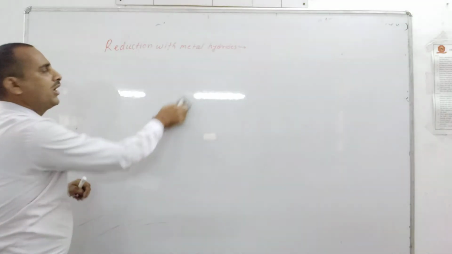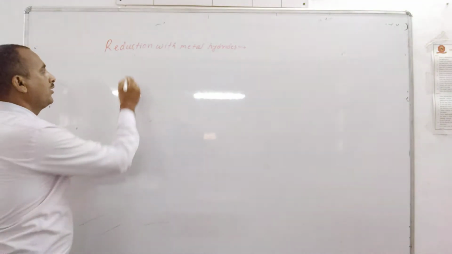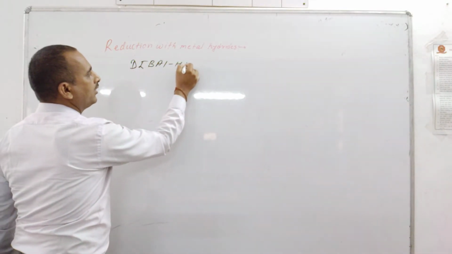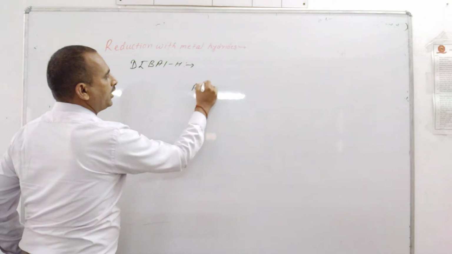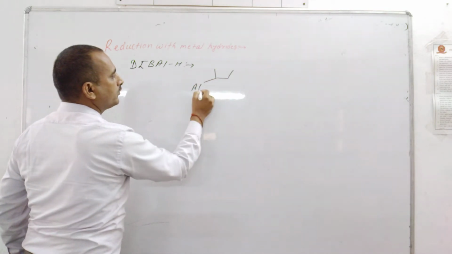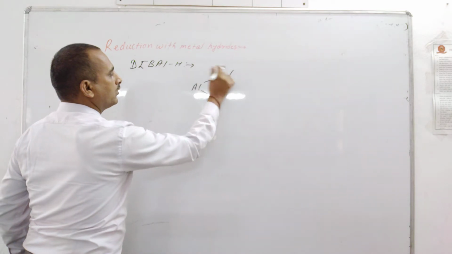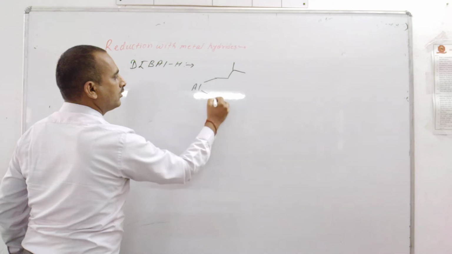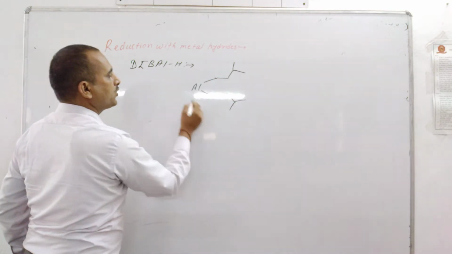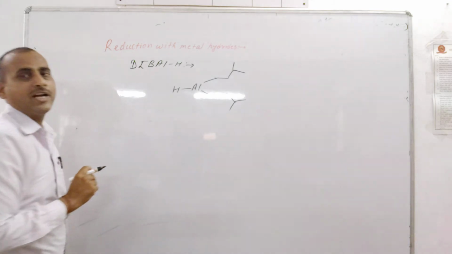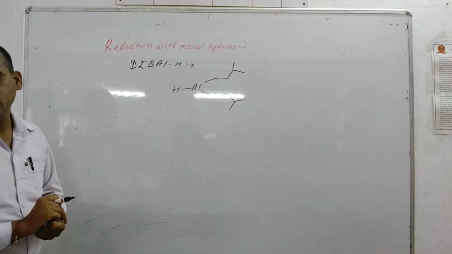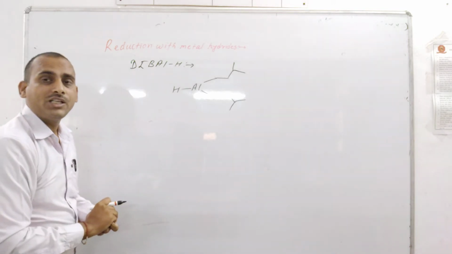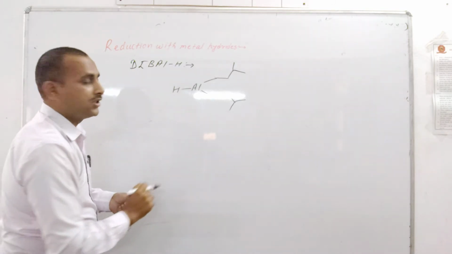Diisobutyl aluminum hydride acts as a reducing agent. It reduces the ester group to the corresponding aldehyde.